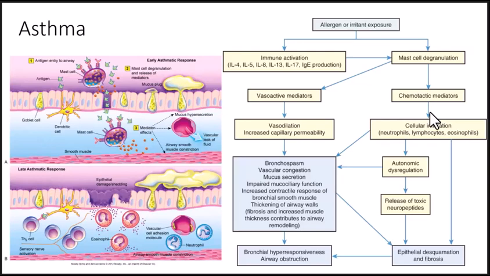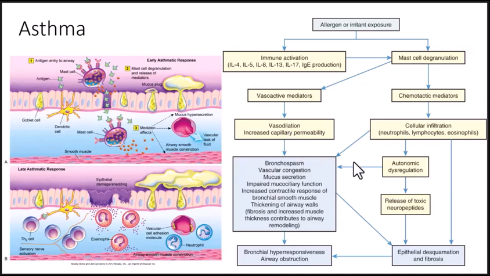So I describe them as being like a flare gun that goes off at a site of injury, alerting other cells to where the injury is so that they know where to travel to. And so this is going to allow cells, in particular neutrophils, but also lymphocytes and eosinophils, to arrive at the area to help sort out whatever problem is occurring.